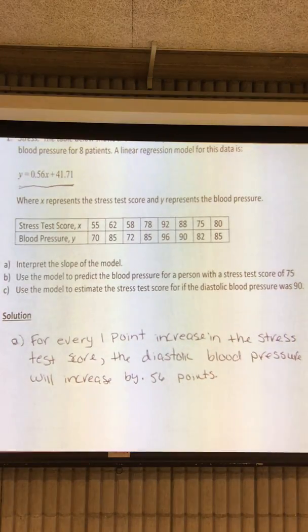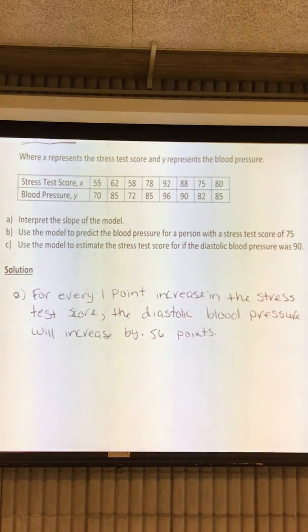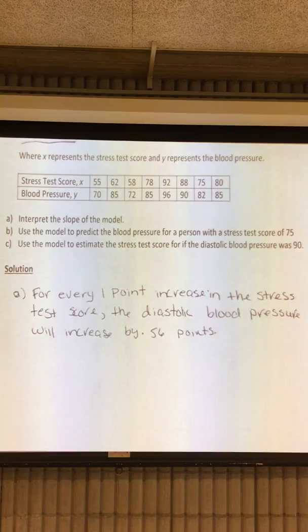So for every 1 point increase in the stress test score, the diastolic blood pressure will increase by 0.56 points.